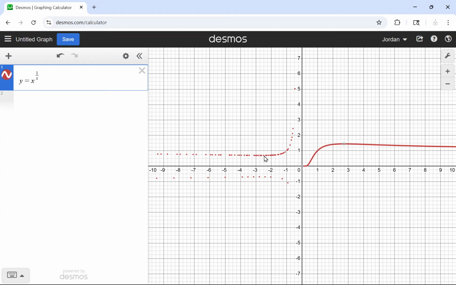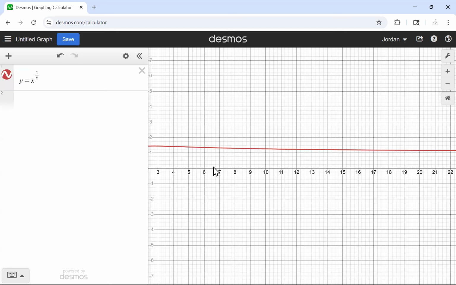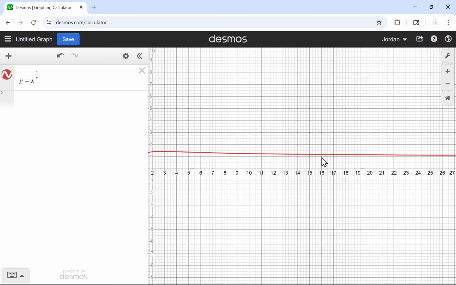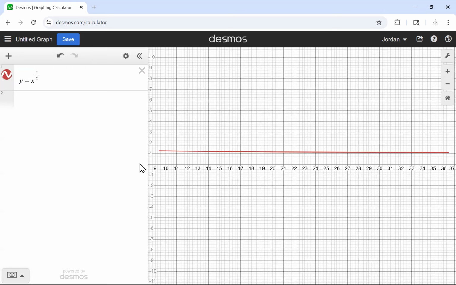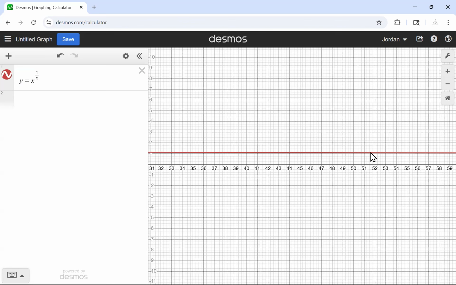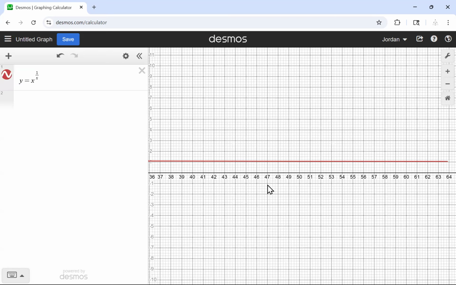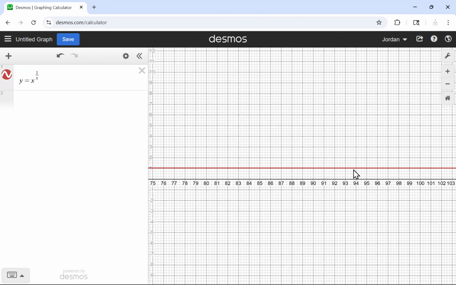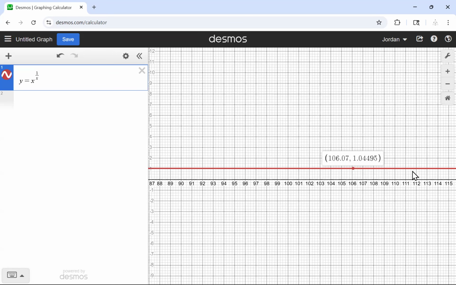You get weird things over here because of the positive negative nature of x. But on the right, when you start plugging in positive numbers, you'll see the bigger and bigger you get, the closer and closer that is to 1. So as you move out to the right forever, you get closer and closer to 1.